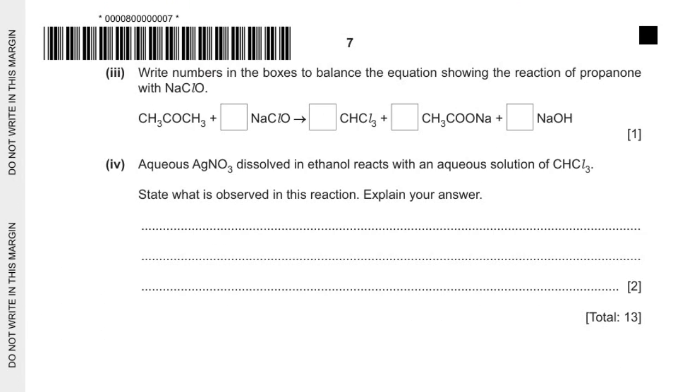Yes, the third part, here it says write numbers in the boxes to balance the equation. Now you're going to balance this equation which is shown here, where the reaction of propanone with NaClO is shown. Here is propanone reacting with sodium chlorate to form trichloromethane, sodium ethanoate and NaOH. Now we know that the chlorine is 3 here, so 3 chlorine atoms are required, so at least try writing 3 here to balance it.